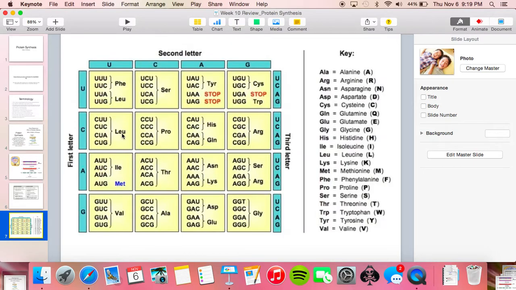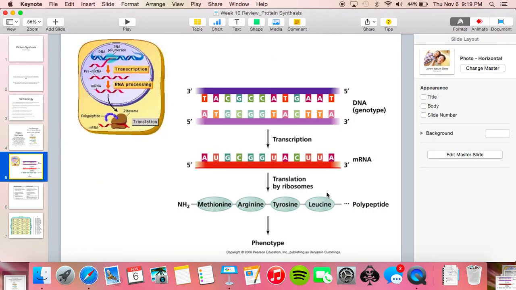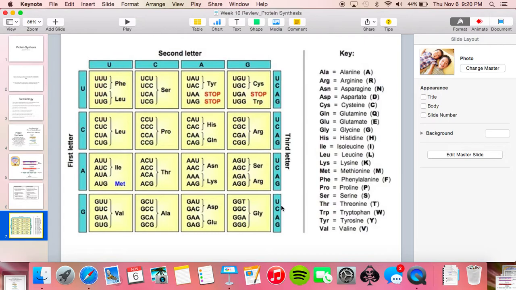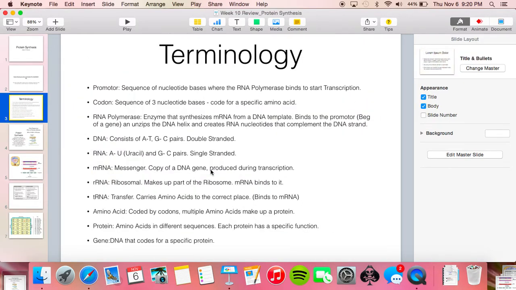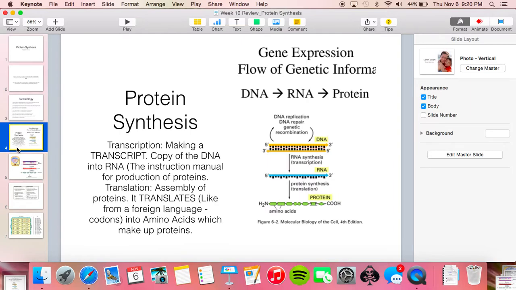So all of these here put together, that's one amino acid, that's one amino acid, that's one amino acid. And that's a codon. So AUG would code for that, which you can see here, which we actually talked about just a minute ago. So just understand that that's what that is. If you understand this terminology, that will be most helpful when you're trying to go through the process.